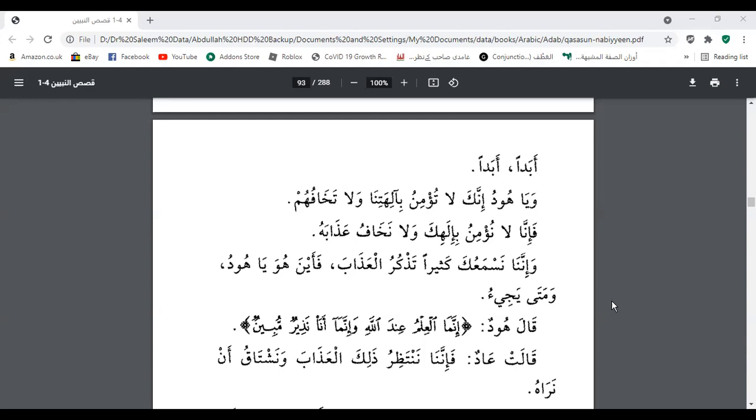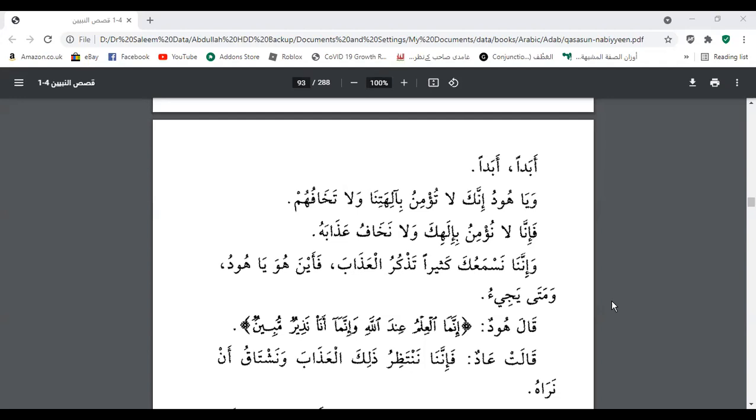You do not believe them and you do not fear them. فإنا لا نؤمن بإلهك ولا نخاف عذابه. So we would not believe in your Lord and we do not fear his punishment, as you do not fear our Lord.